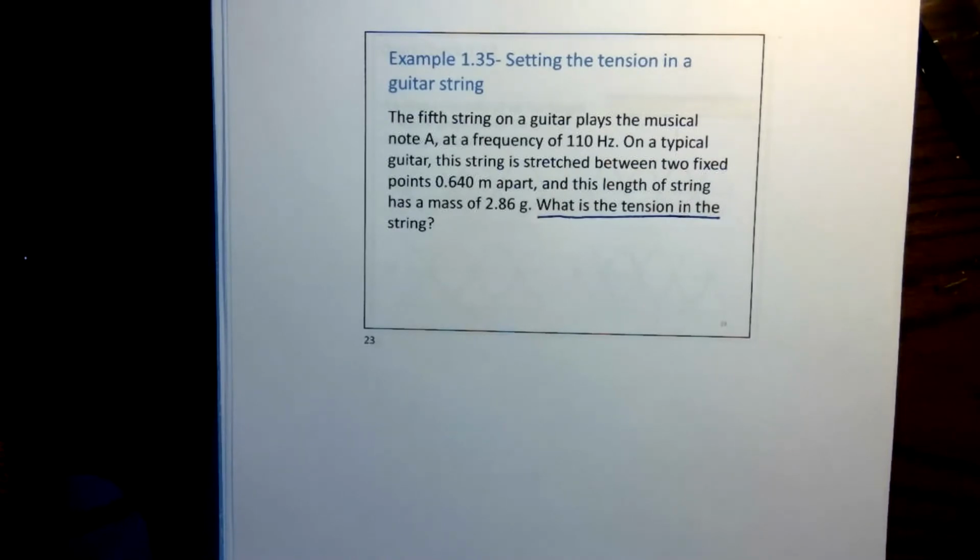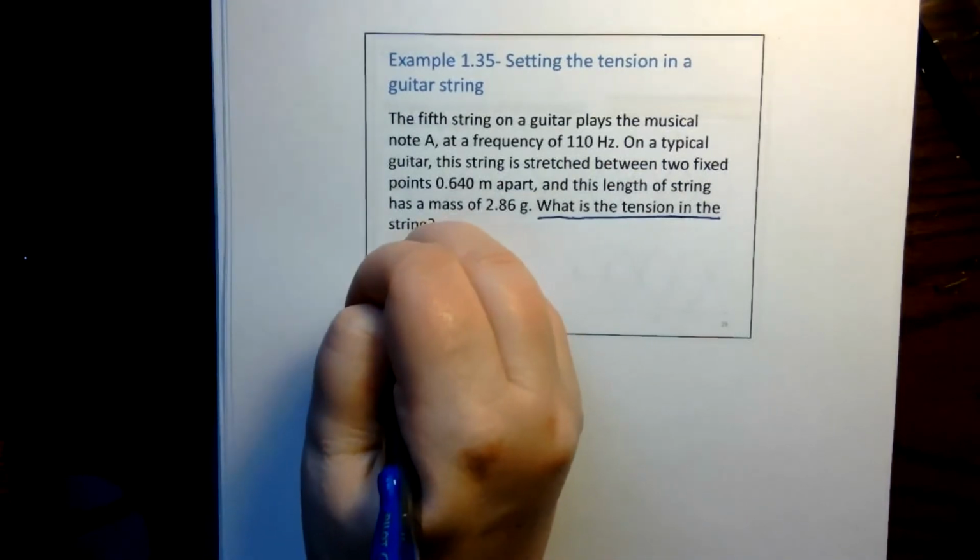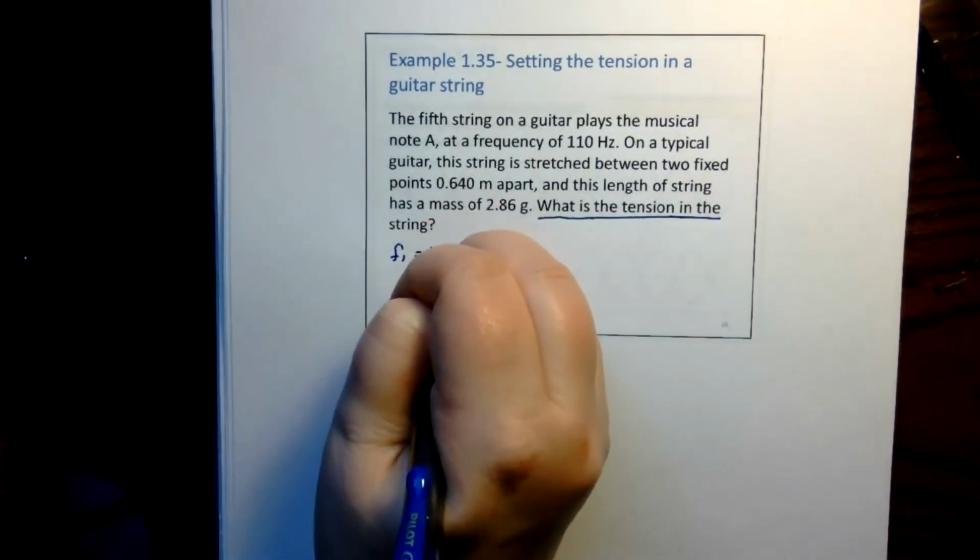What do we know? It tells us that it plays the string A at a frequency of 110 hertz. This is going to be our fundamental frequency, F1. So F1 is going to be 110 hertz.